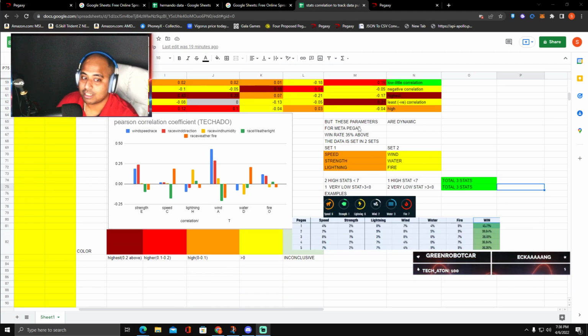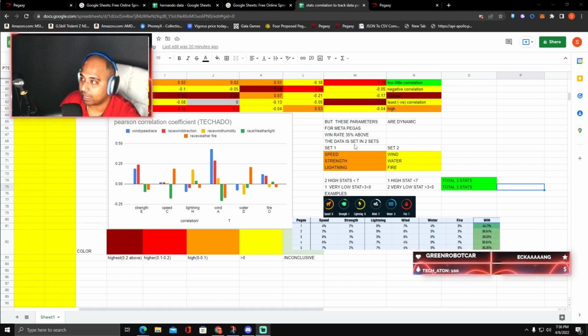But these parameters are dynamic for most Pegas, that the win rate of 30% or above, the data is divided into two sets where they're comparing speed, strength, lightning, wind, water, fire. This is just an example. Again, it can be reversed, it can be mixed and matched, but data is in two sets.